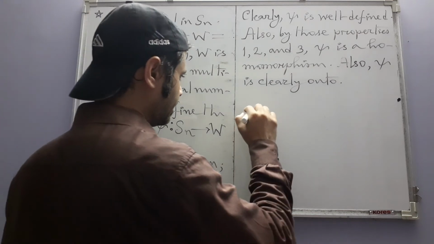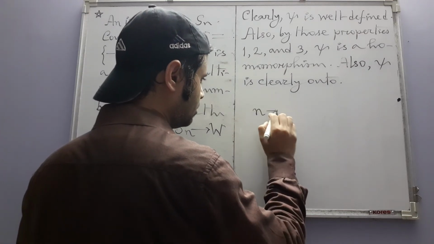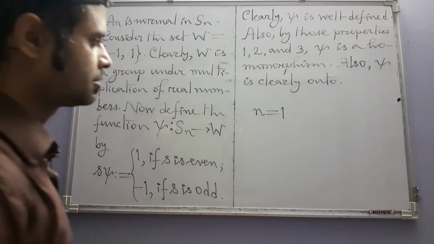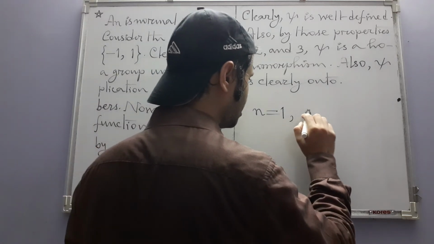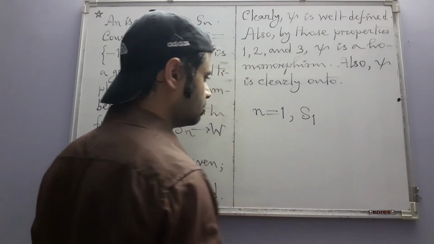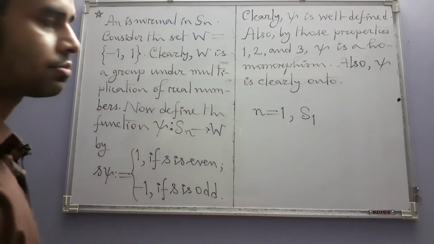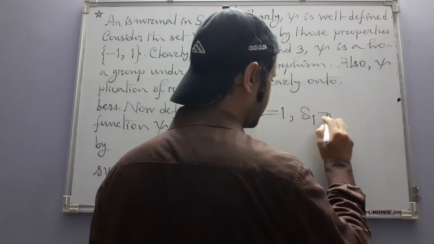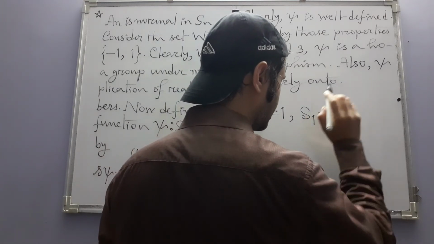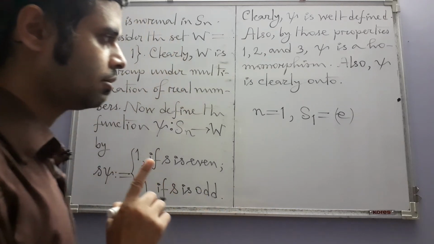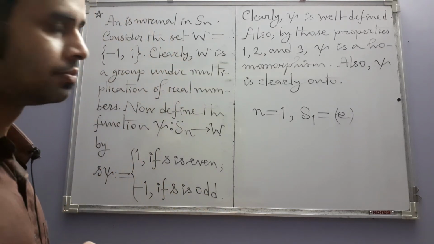The point is that if n is equal to 1, that means if you are in the symmetric group S1, then what is S1? S1 actually has nothing but the identity permutation. So this is the trivial group consisting of a single element.